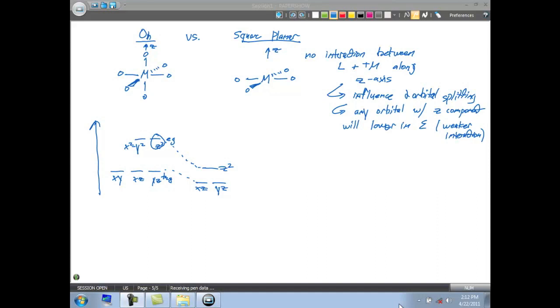They're going to find an equilibrium where it gets the optimal bond length to lower the overall energy. In a square planar complex, the metal and the ligand have to have the same bond length, but we only have to deal with, if I'm a ligand, myself and 3 others. So we typically observe different types of bond lengths in each of these complexes, and as a result, anything with an x and a y component gets shoved up in energy a little bit.